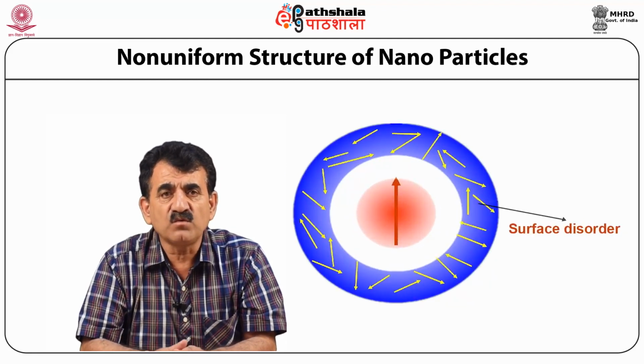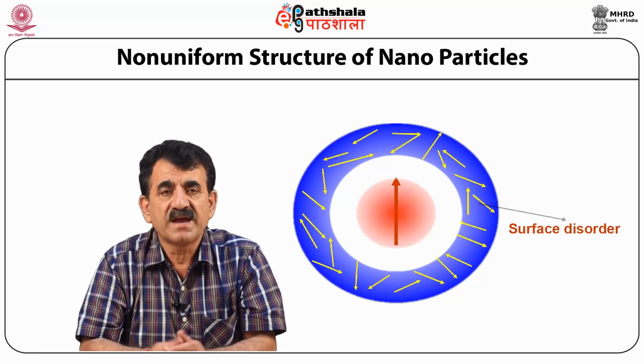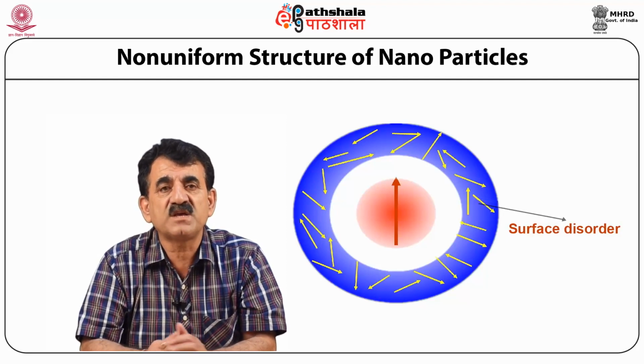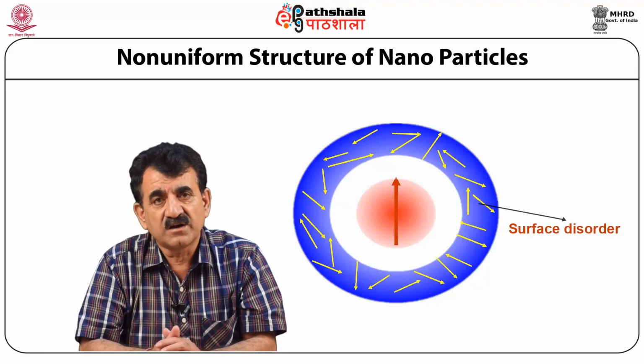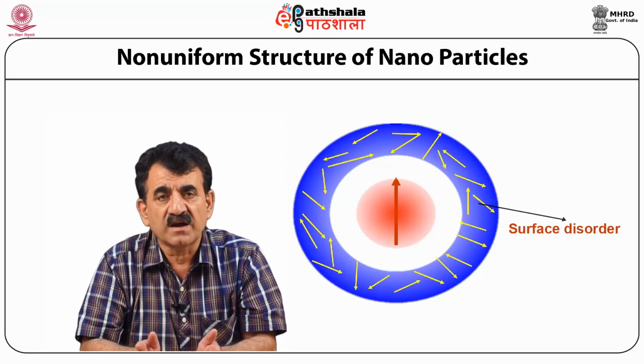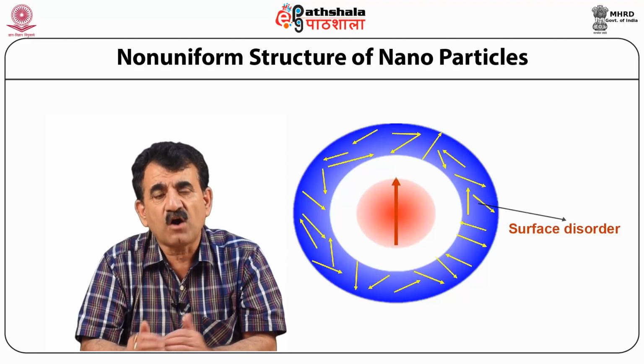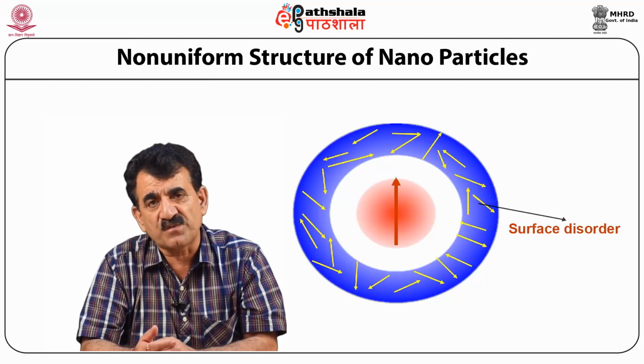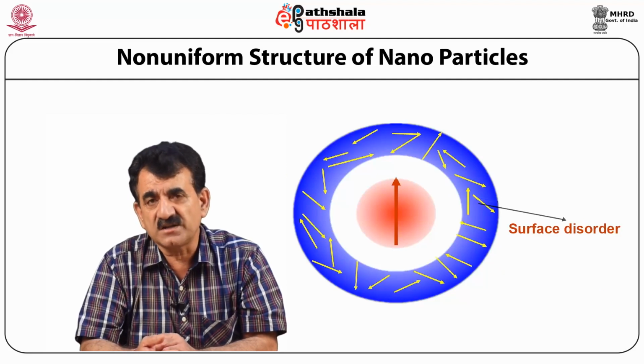If we want to know how much disorder there is on the surface, then I think Mossbauer spectroscopy is one of the very versatile tools to find this surface disorder, and we have already calculated how much disorder there is on the surface. So through this spectroscopy we can calculate this disorder also.